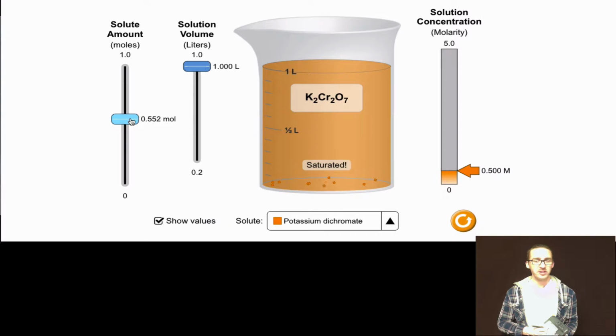Doesn't matter how much more I add, it's all gonna end up sitting on the bottom of this beaker. Because I've saturated this solution, it's holding the maximum amount of solute that it can at this temperature.